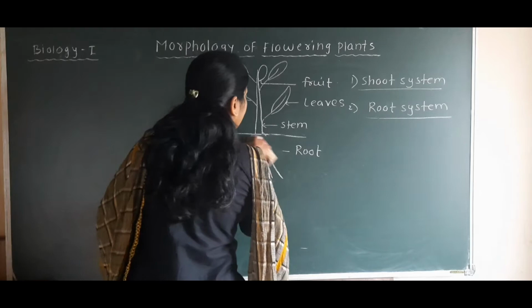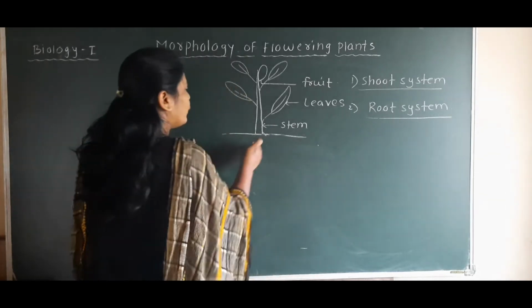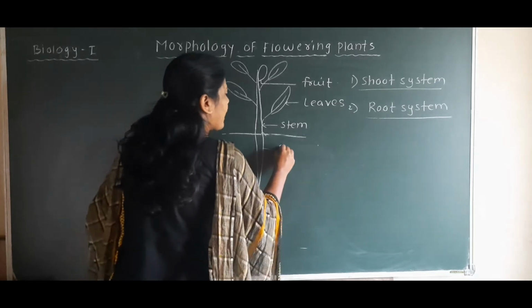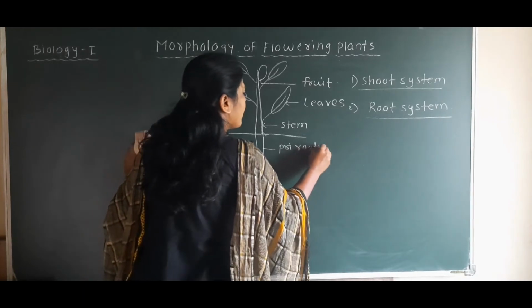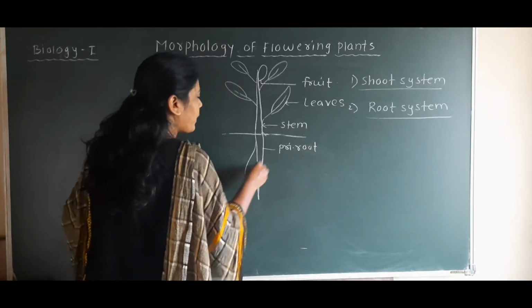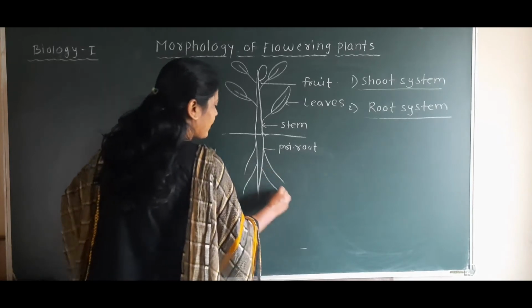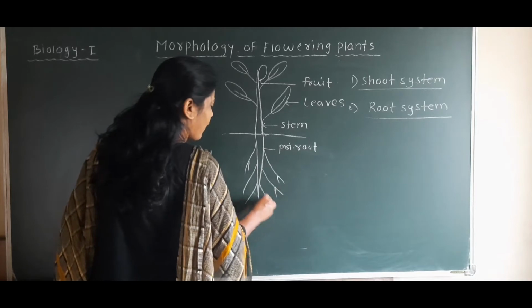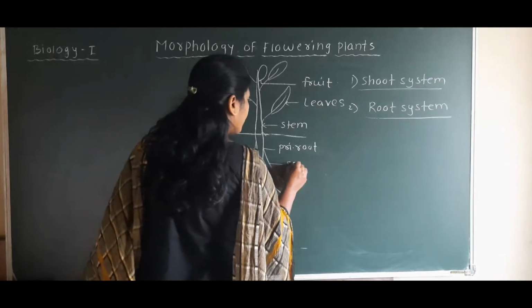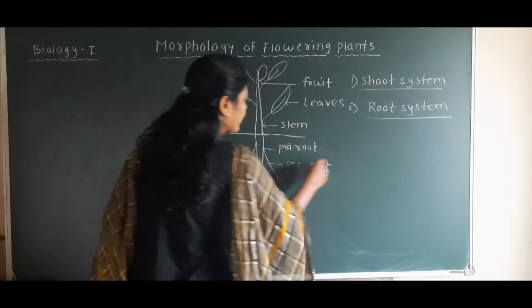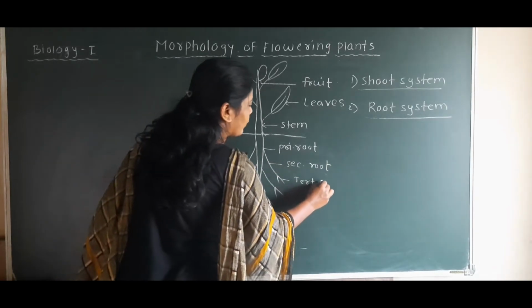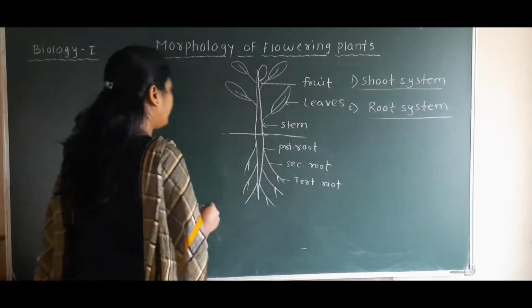If it is a root, we can observe in a number of plants this is called the primary root. On this primary root there are the lateral branches, okay? And these lateral branches are again called the secondary root, and in this order the next is called the tertiary root. Observe carefully this figure.